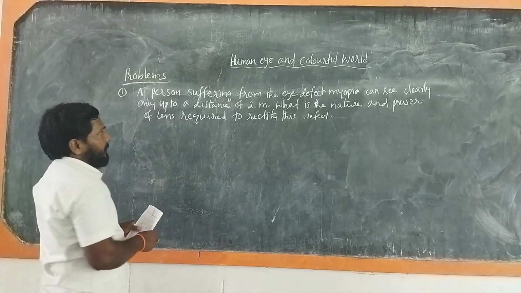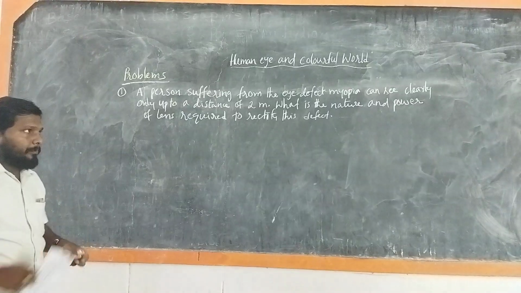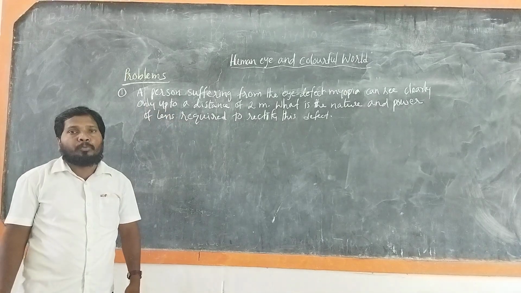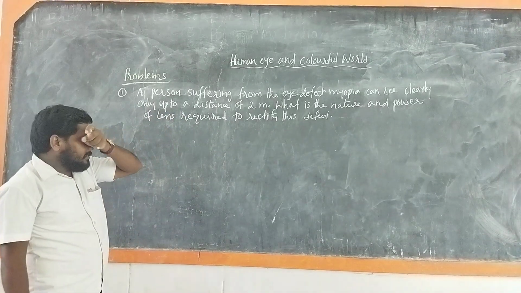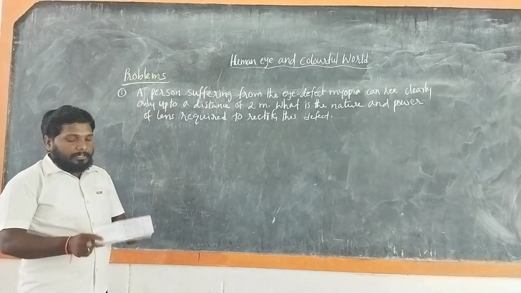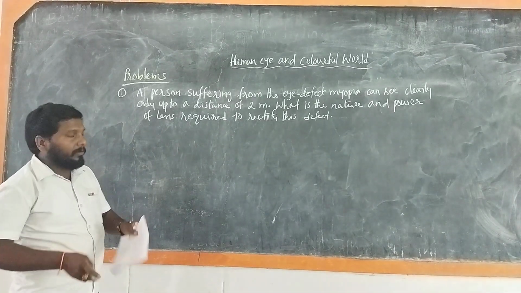So a person suffering from eye defect myopia can see clearly only up to a distance of 2 meters. What is the nature and the power of lens?